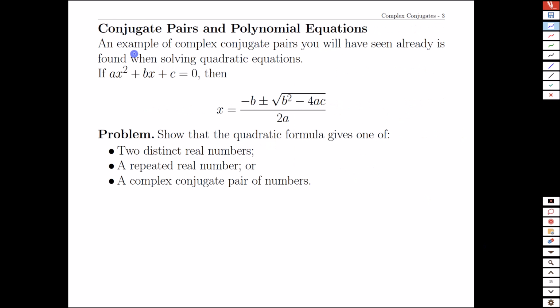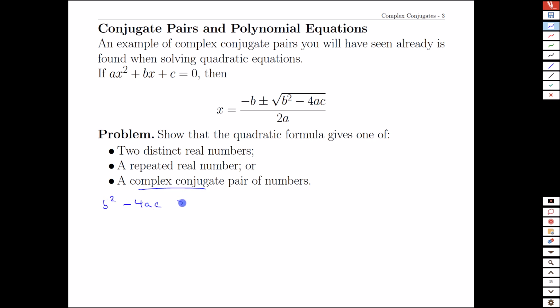Now, an example of complex conjugate pairs you have seen shows up when you look at the quadratic formula. Focusing in on the square root sign, we can show the quadratic formula gives either two distinct real numbers, or a single real number repeated, or not just complex numbers, but specifically a complex conjugate pair. And again, this just comes from the b squared minus 4ac part here.